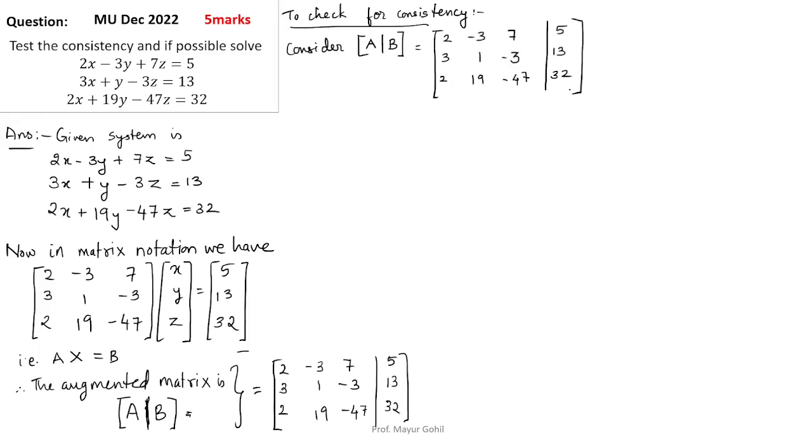So we consider the following augmented matrix. Now we want to check for consistency, so we will be checking the criteria that we just saw, because this system is a non-homogeneous system.